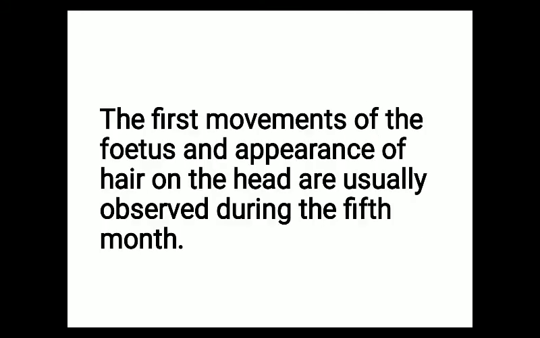The first movement of the fetus and appearance of hair on the head are usually observed during the fifth month. So a simple straightforward question will come: during the fifth month, what changes take place in the fetus? Appearance of hair on the head is usually observed during the fifth month.